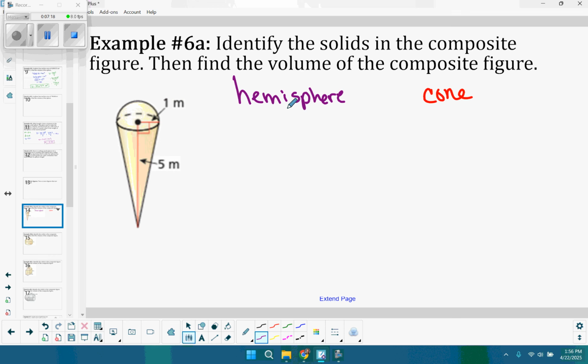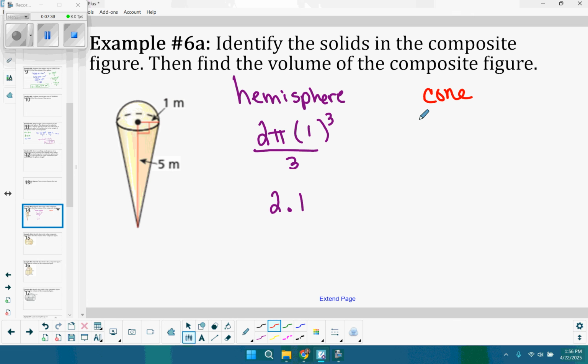So I'm going to find the volume of each of these separately first. So for my hemisphere, we know that's 2 pi r cubed over 3, and my hemisphere has an r of 1. I'm going to do it all at once now. I get 2.1 is my volume of the hemisphere.